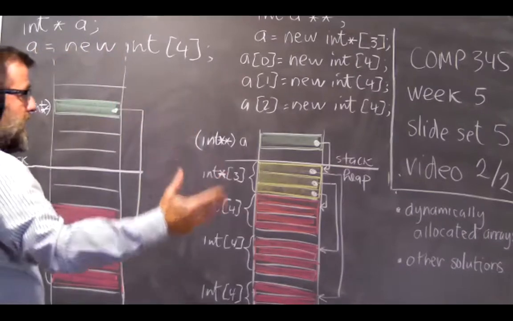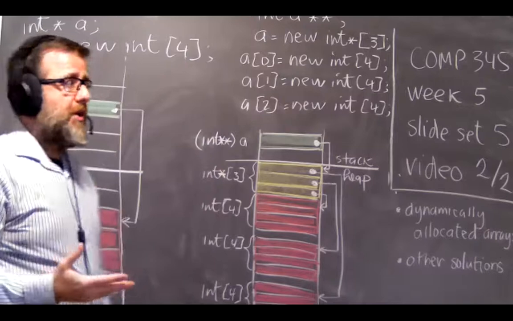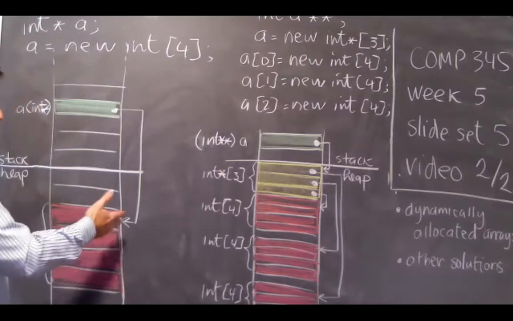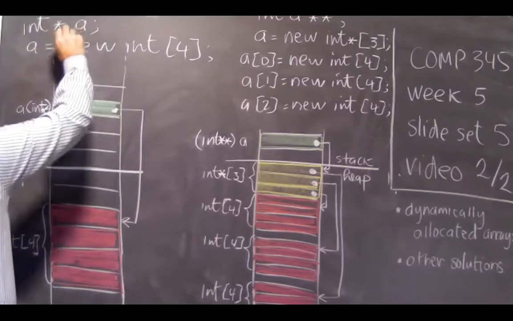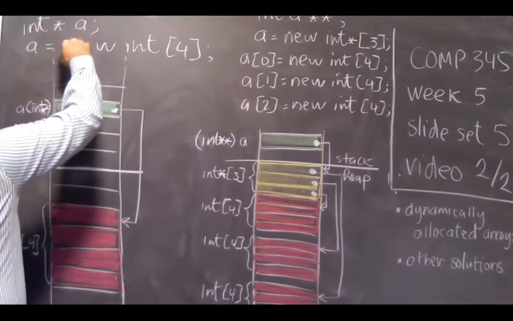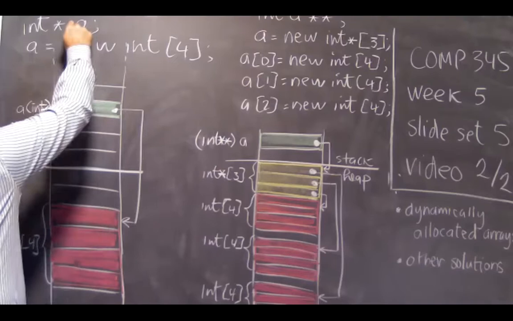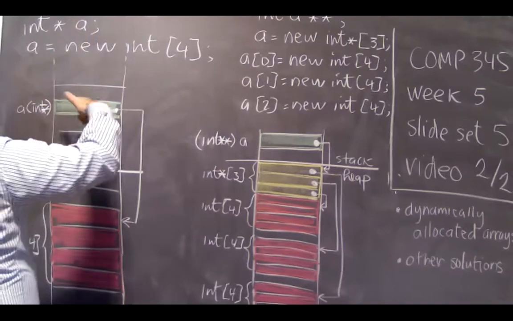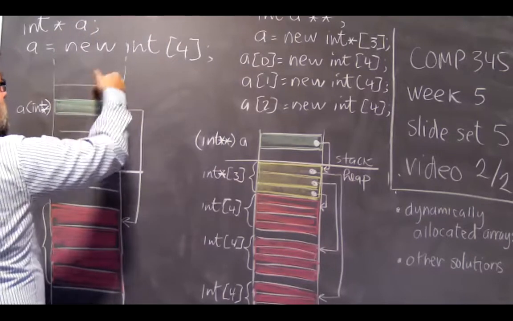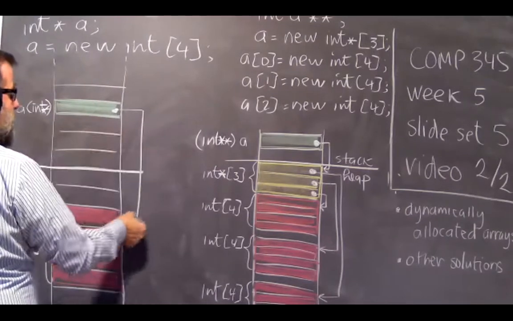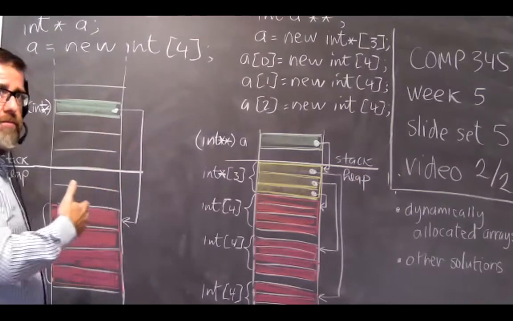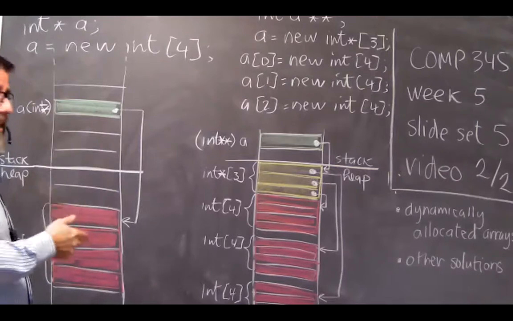Another thing is that it would not be a memory leak if, for example, this were in a function, and this function actually returned a, in which case the function would return this pointer to the calling function, and the calling function would still have a pointer with which it could call delete on this.